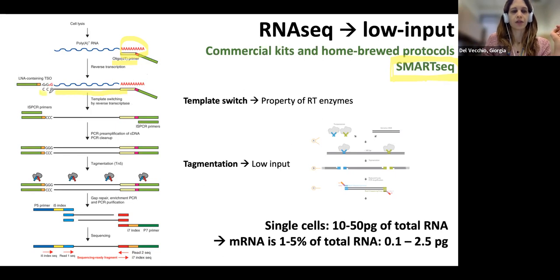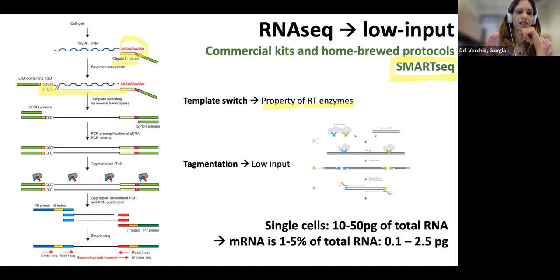So now comes a characteristic, a property of the reverse transcriptase, so of the RT enzyme. The RT enzyme will add 3 C's at the end of the reverse transcription. That's a property of the RT enzyme.